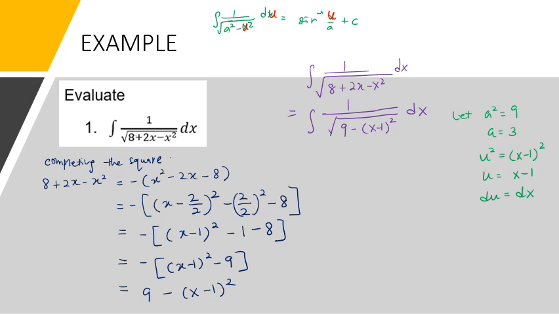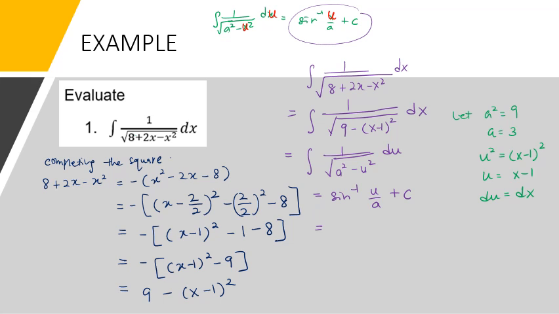Right? So substitute dalam ni equation kita punya soalan, integrate 1 over square root a square minus u square. So dx is equal to du. Alright, so apa jawapan kita adalah ni, sin inverse u over a plus c.